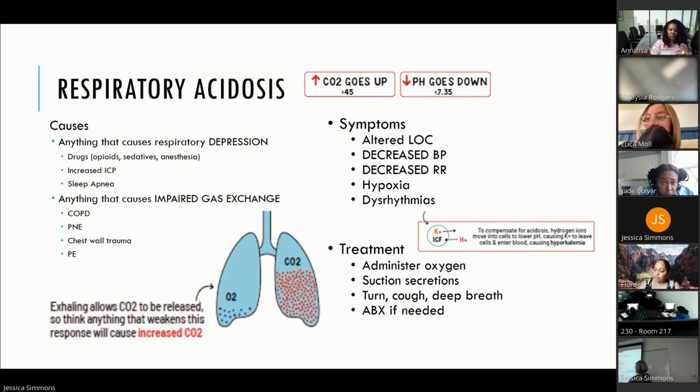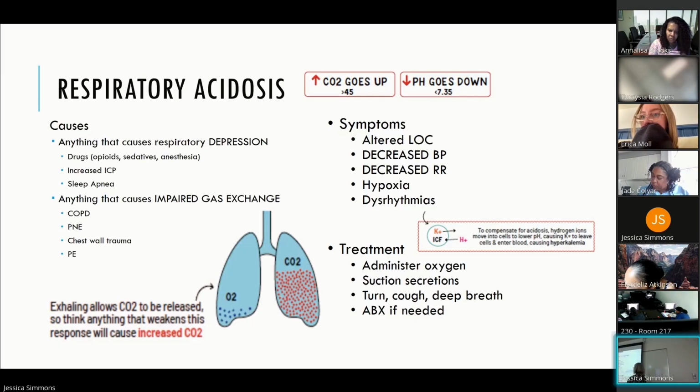There's a little box here, which makes me feel like it's important, but it's hard to read. To compensate for acidosis, hydrogen ions move into the cells to lower the pH. This causes potassium to leave the cells and enter the blood, causing hyperkalemia, which causes your dysrhythmias.